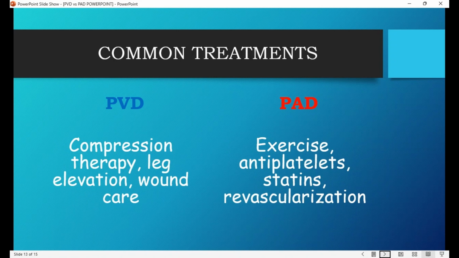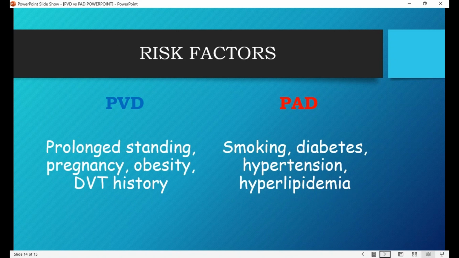Common treatments for PVD are compression therapy, leg elevation, and wound care. With PAD, you're going to use exercise, antiplatelets, statins, and revascularization. Risk factors for PVD are prolonged standing, pregnancy, obesity, and a history of DVTs.